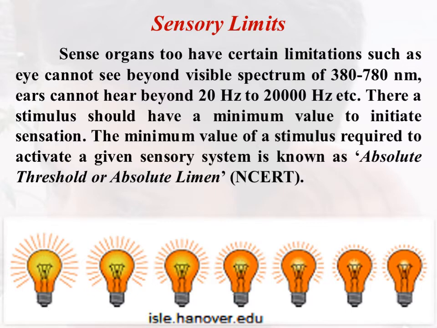That minimum value of stimulus required to activate a given sensory system is known as the absolute threshold or absolute limit. Clear? That is the minimum requirement a stimulus should have, known as absolute threshold or absolute limit.